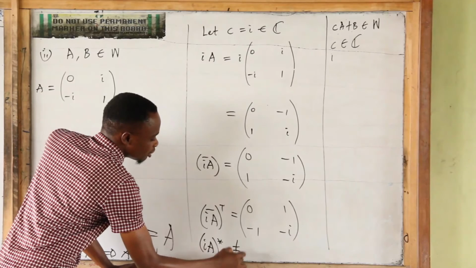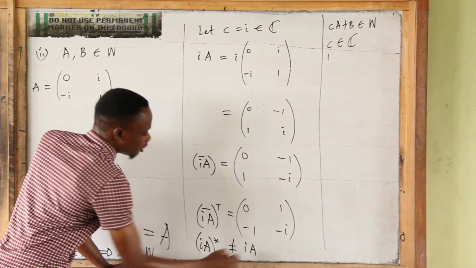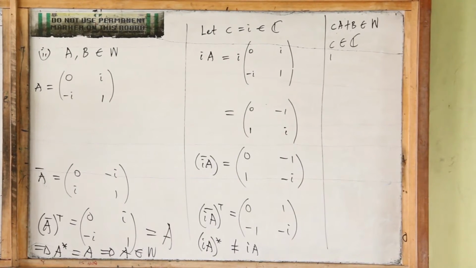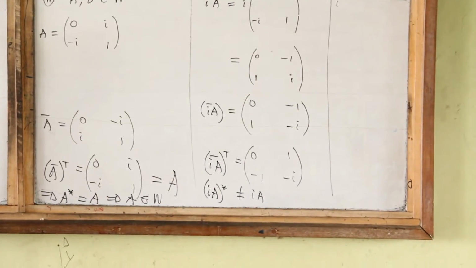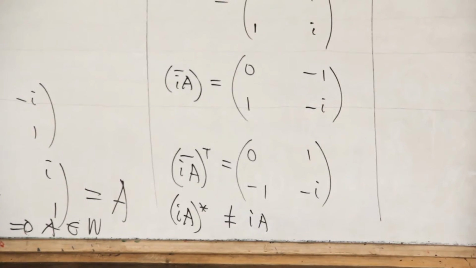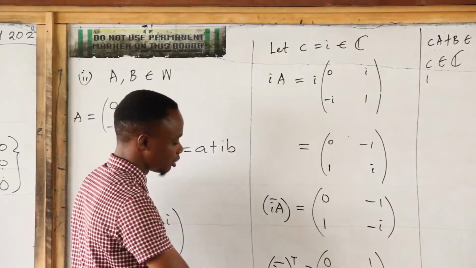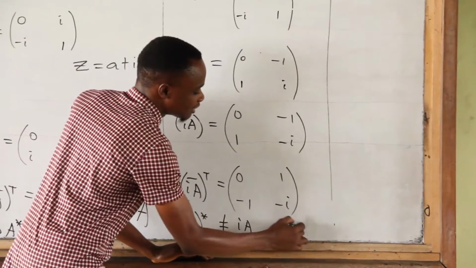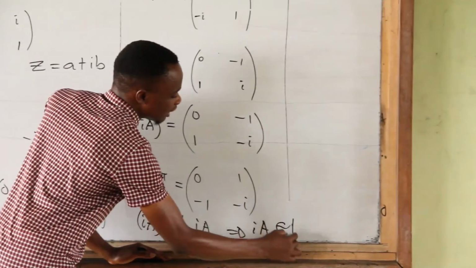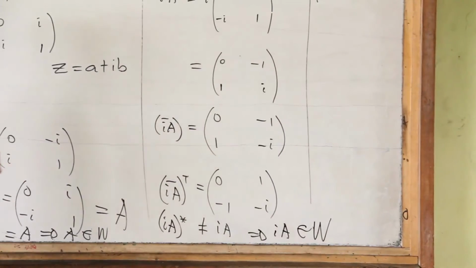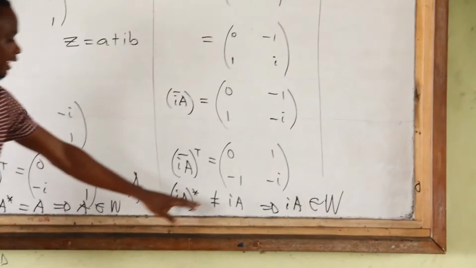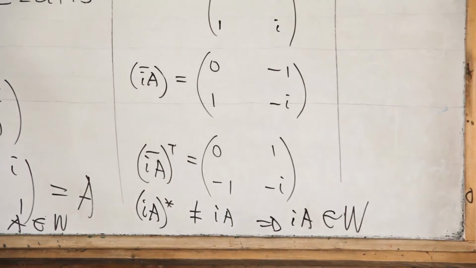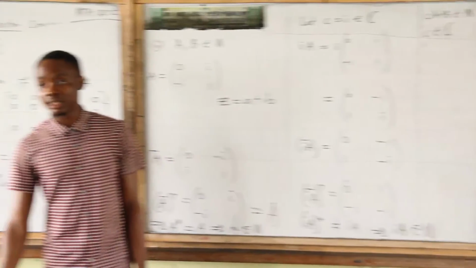Obviously this is not equal to iA. Because (iA)* is not equal to iA, it means that iA is not an element of W, so iA is not a Hermitian matrix. Is it clear?